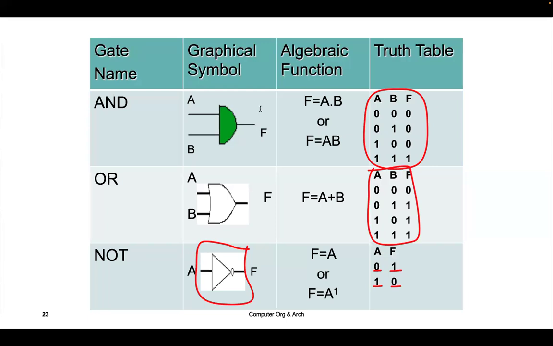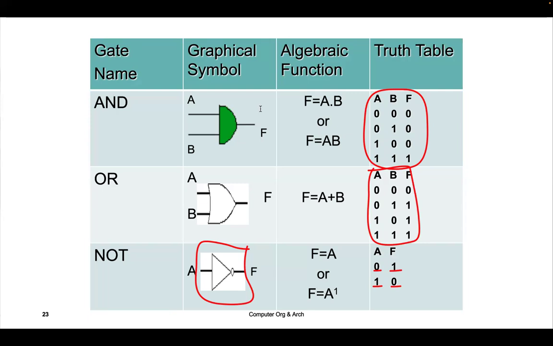So your response should be based on the rule that particular gate performs, because it is the one that determines how it acts based on multiple inputs. For example, you remember we said for the AND gate, the output can only be true or one when both inputs are true.